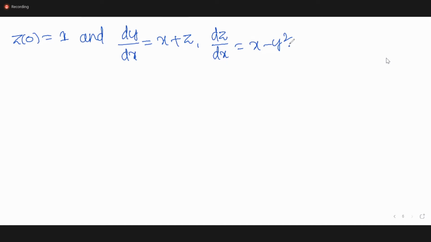First we have to find the approximations. First approximation, second approximation, third approximation.